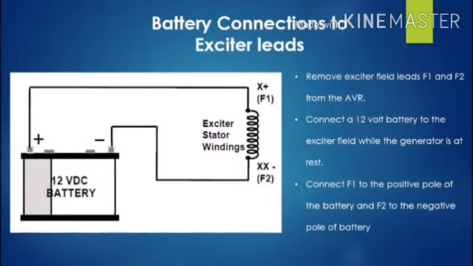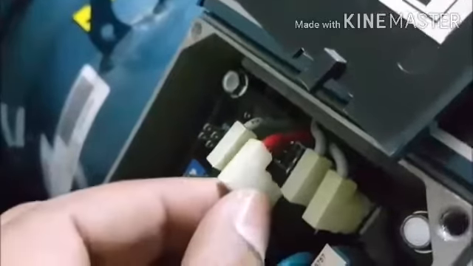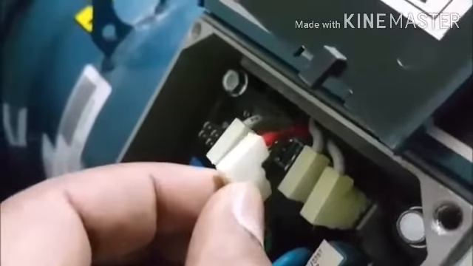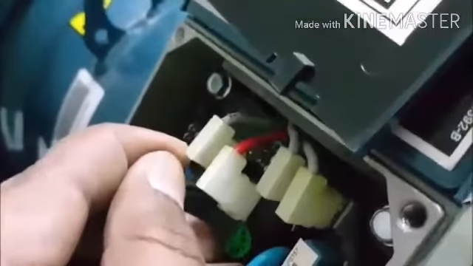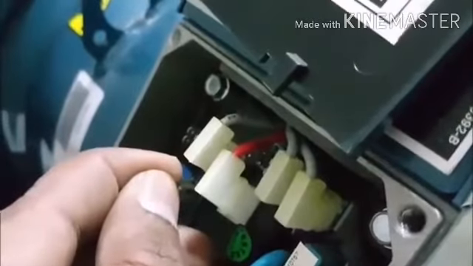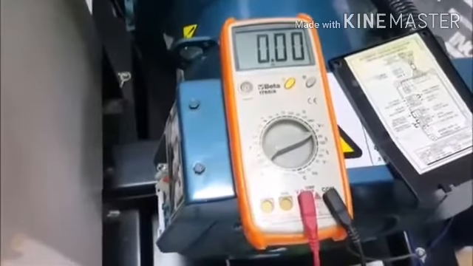Now we need to connect a 12-volt battery to these leads. Take an electrical cable and connect lead F1 to the positive pole of the battery, while F2 to the negative pole of the battery.